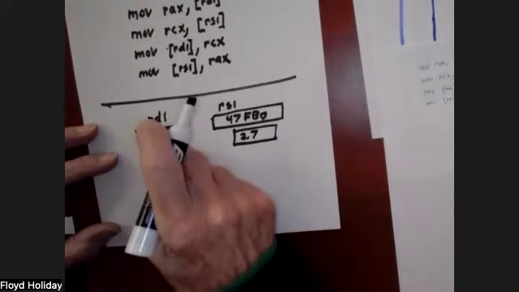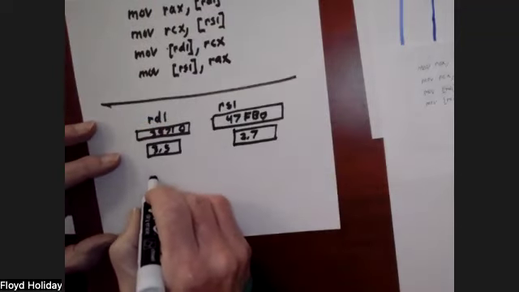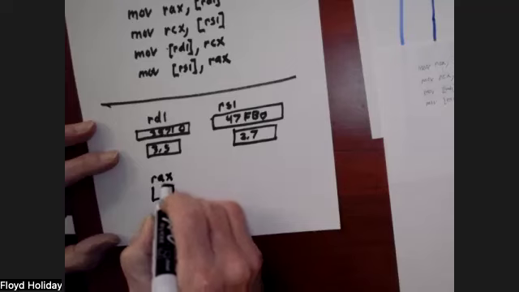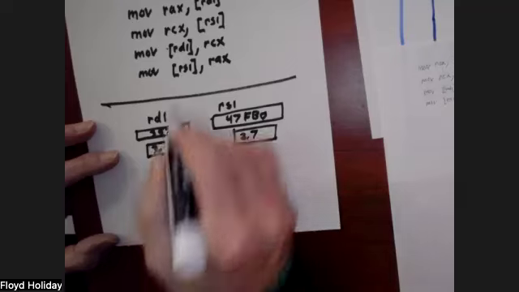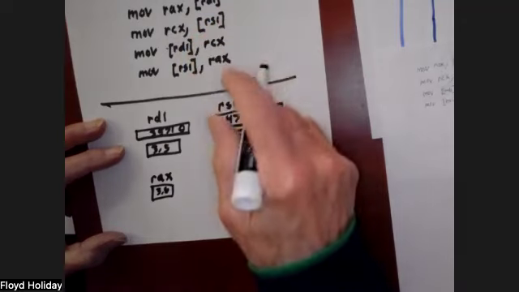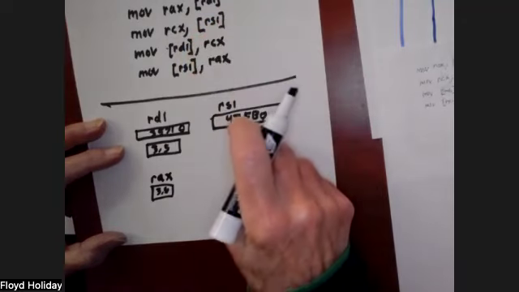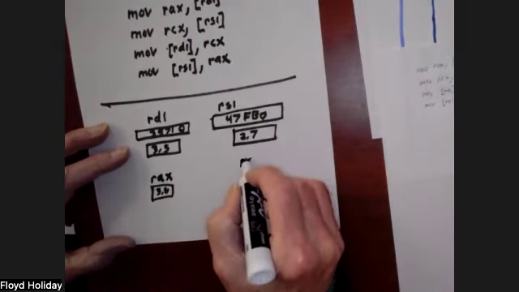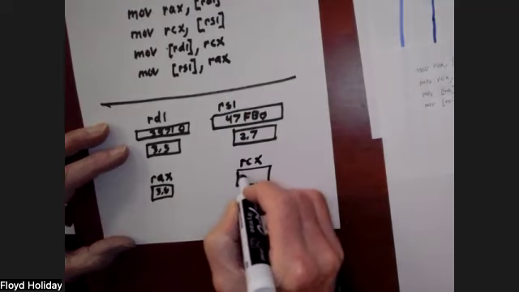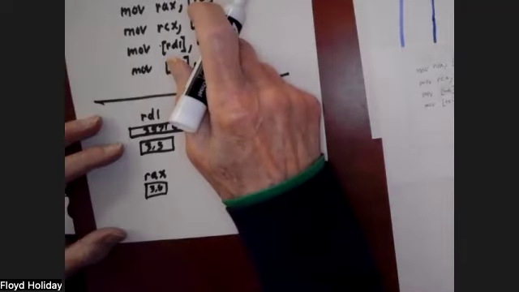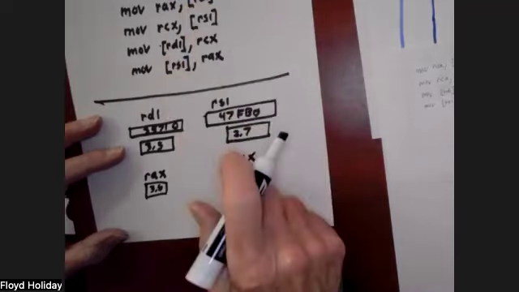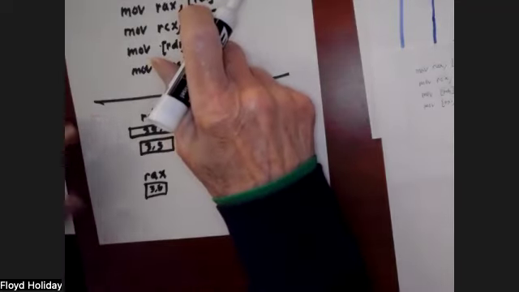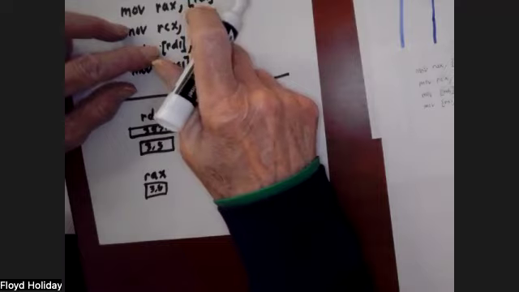Okay, let's follow the steps. Dereference RDI, and you get 3.5. RAX gets 3.5. Next one, dereference RSI. Dereference this messy address, you get the number 2.7 and put a copy in RCX. Great. Now it says the 2.7 gets placed where RDI is dereferenced.